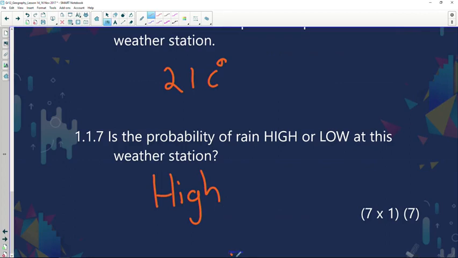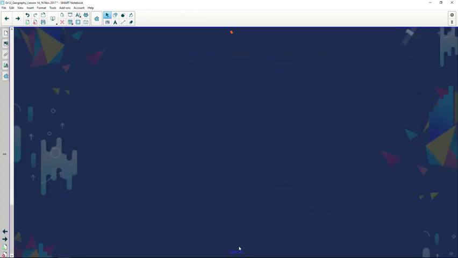But I want us to have a look at a probability. Now, they might ask you in your question paper as well to draw a weather station model with the following information.